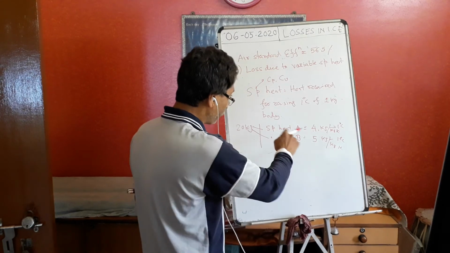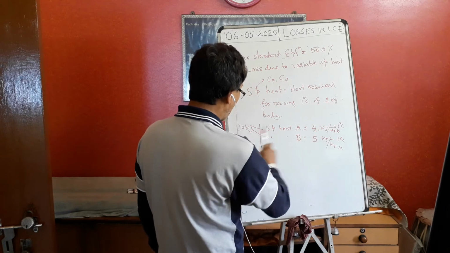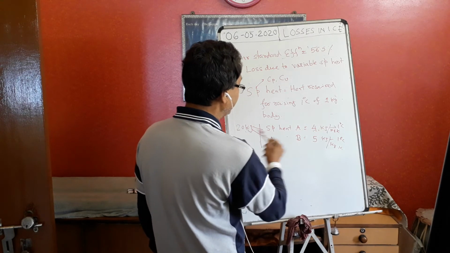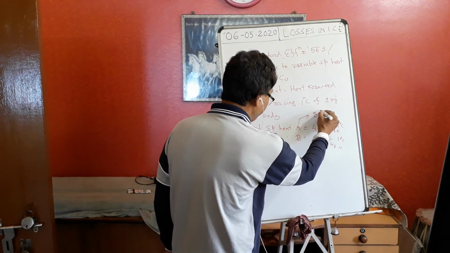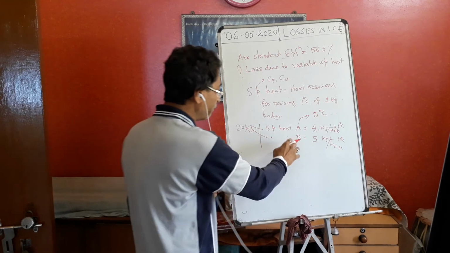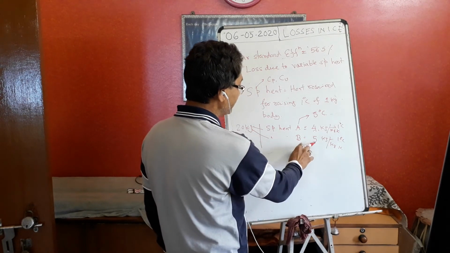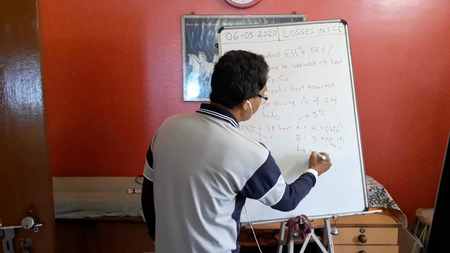For raising 1 degree, A needs 4 kilojoule. I have given 20, so in the case of A the temperature rise will be 5 degree centigrade. In case of B, the specific heat is 5, so it will raise the temperature by 4 degree centigrade.